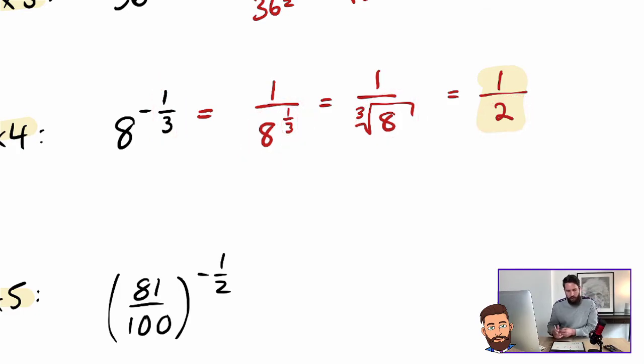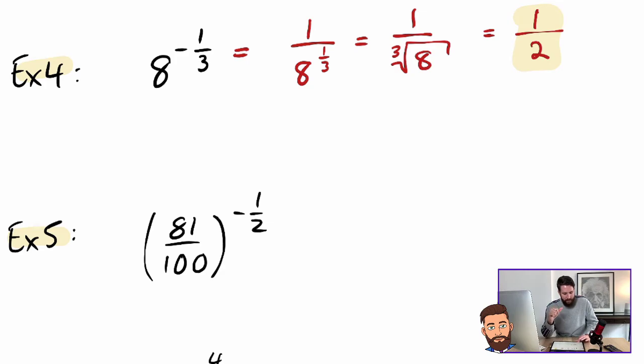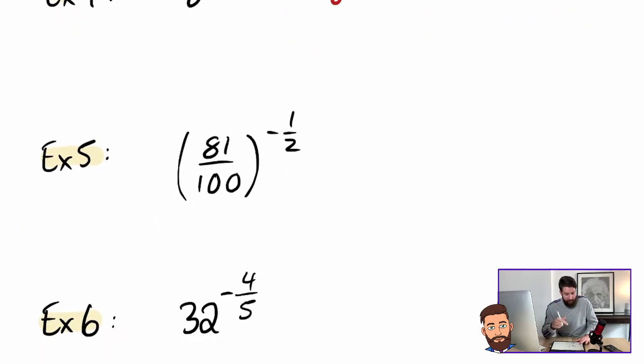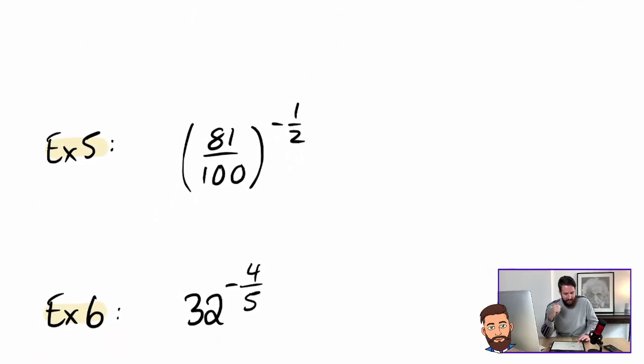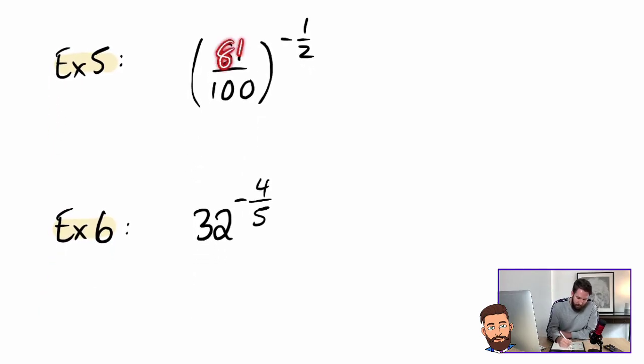So as you can see, it's building, and it's going to build now into a fractional power with a negative and a fraction itself. So what would that look like? Example 5, we have got 81 over 100 all raised to the power minus 1/2. The first thing we're going to deal with is this minus.